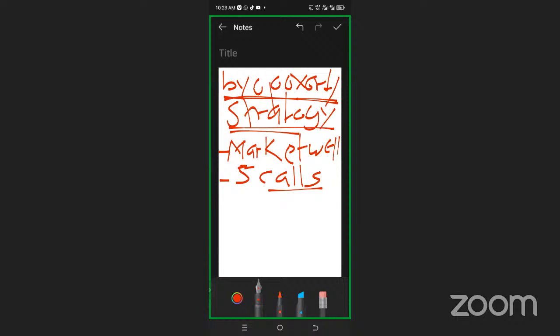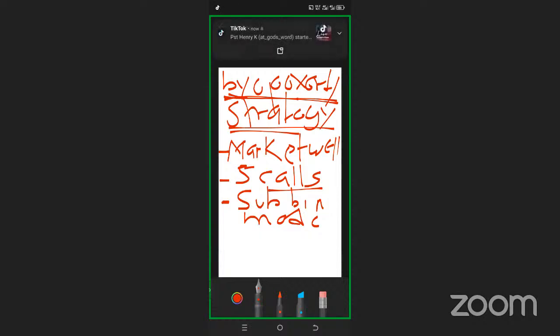And then the other thing, using the bye-bye poverty strategy, you are going to be trading under sub-bin mode. That's what you are going to be trading in. I will explain what sub-bin mode is.